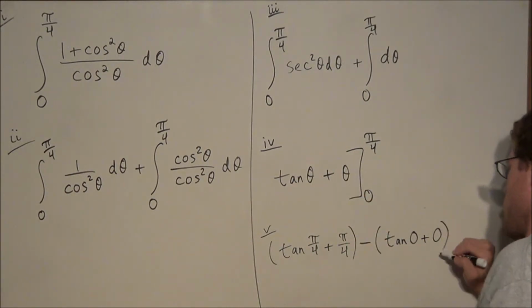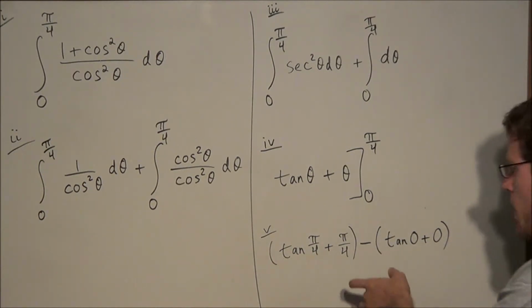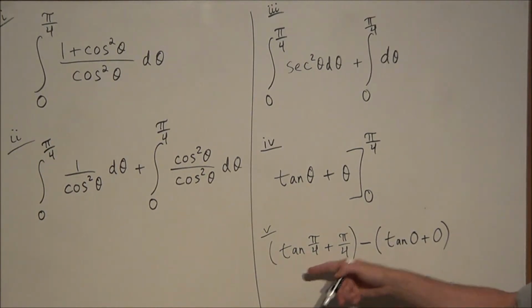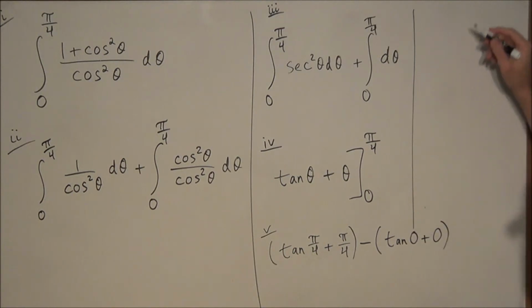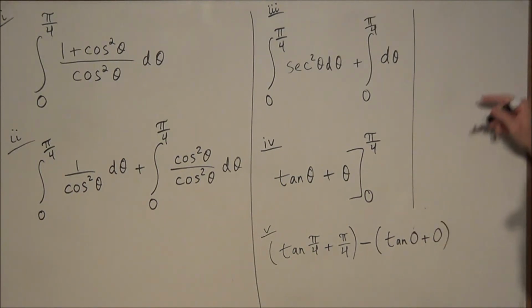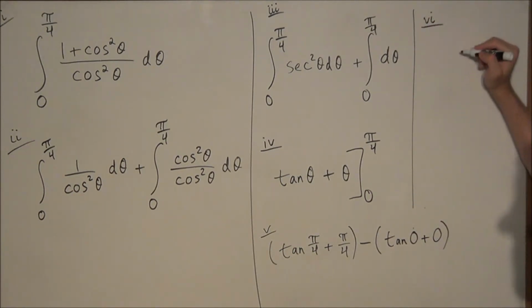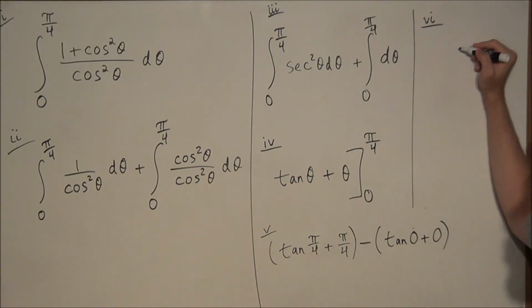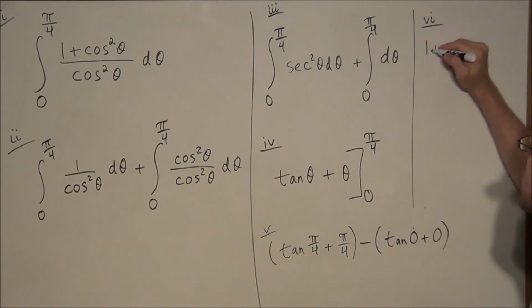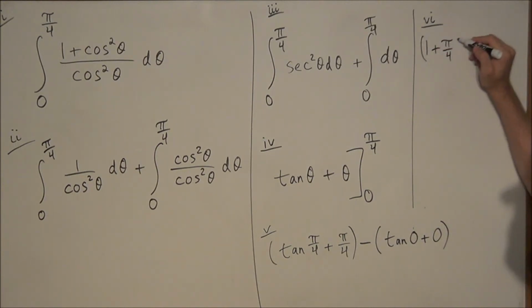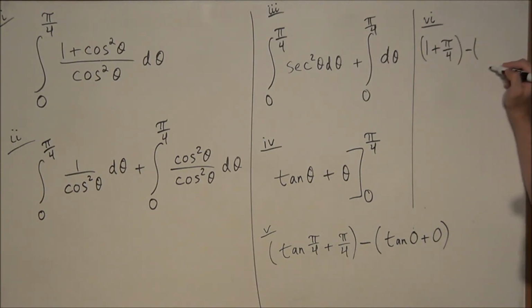plus 0. So now looking at this, we can simplify, and we'll call this step 6. Tangent at pi over 4 is equal to 1, plus pi over 4. And now we're subtracting tangent of 0, which is equal to 0, plus 0.